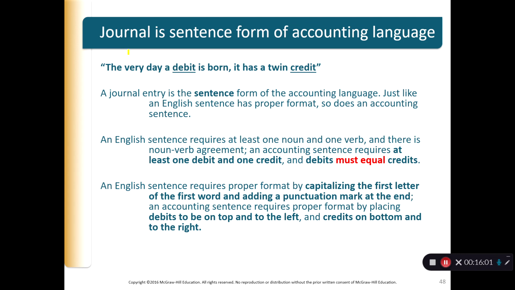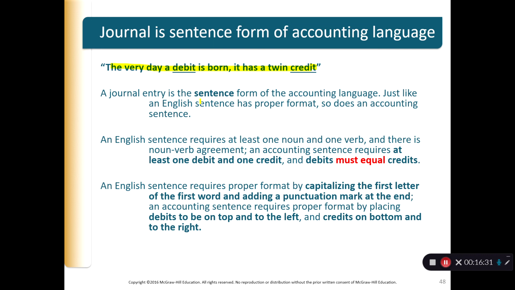I also want to give you a short analogy between the English language and the accounting language. The very day a debit is born is when it has a twin, credit. This is a quotation from a very famous accounting educator. So just think about debits and credits always sticking together. There's a debit, there is a credit, and those two have to be balanced.